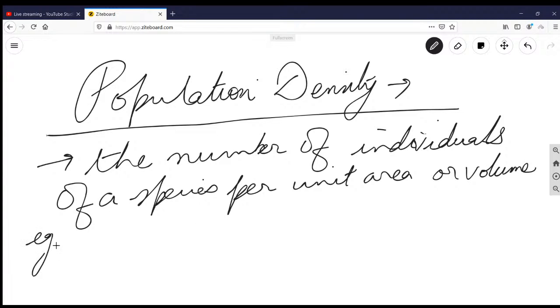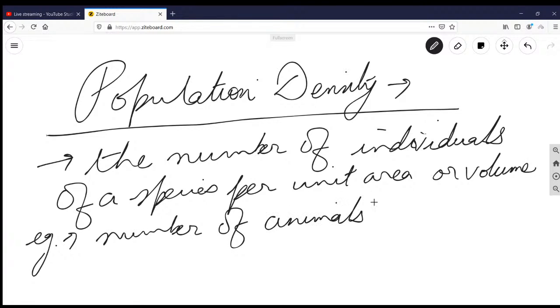You have to give an example. I can say that the number of animals per square kilometer. Best example. Just take the per square kilometers. Okay. This must be the unit. Or number of trees per hectare. Number of phytoplanktons, if you say, then you have to talk about water. So it will be per cubic liter of water.